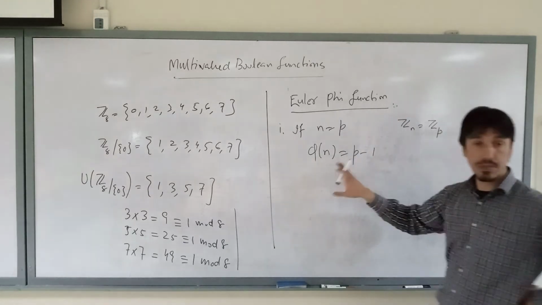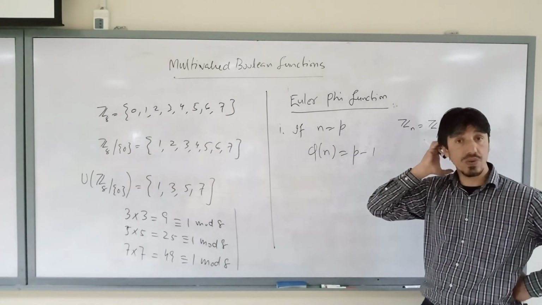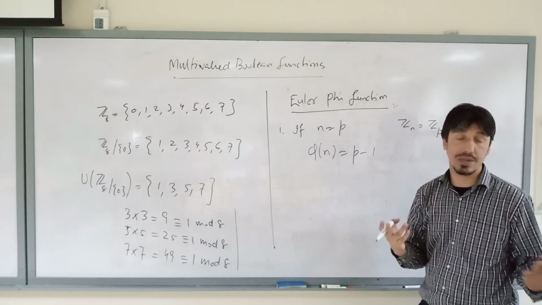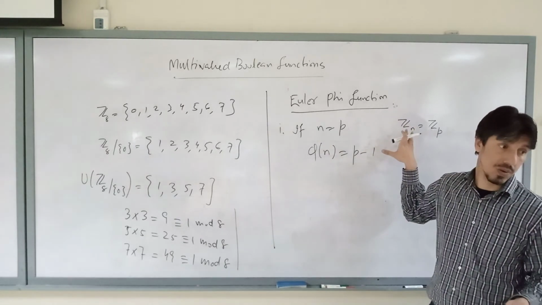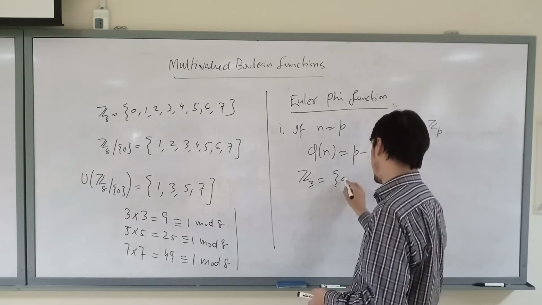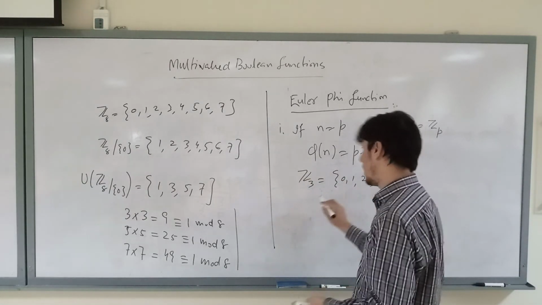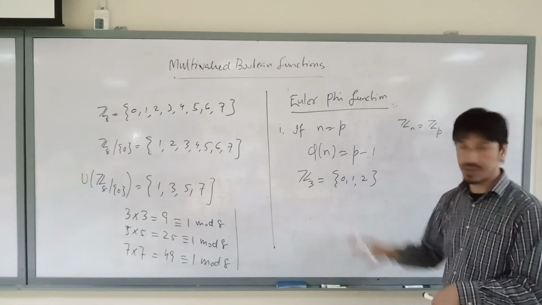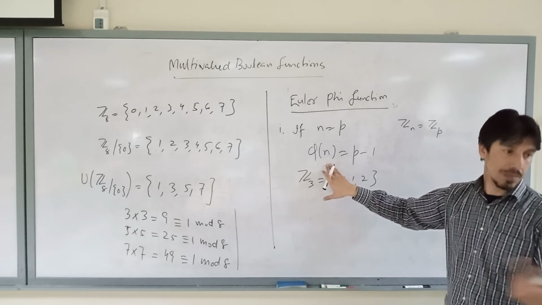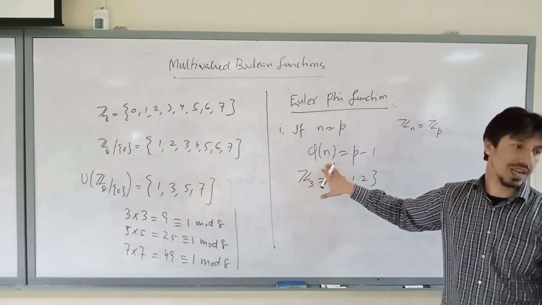The Euler phi function directly gives you the result of how many unit elements you have in a certain modulo class. Like if you have Z3, 0, 1, 2, it gives you the number of multiplicative unit elements.